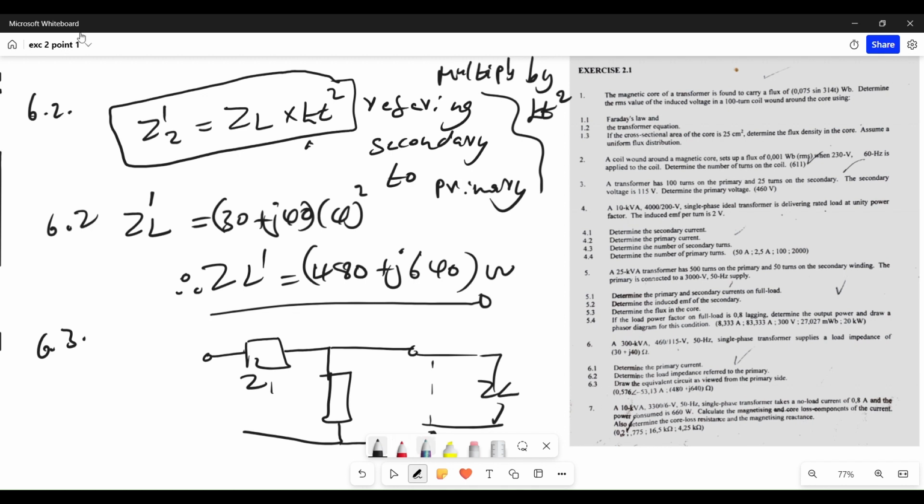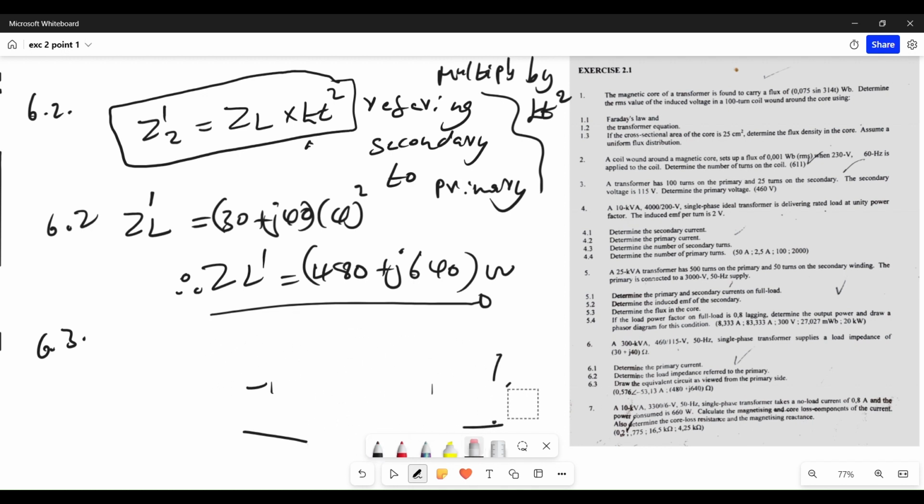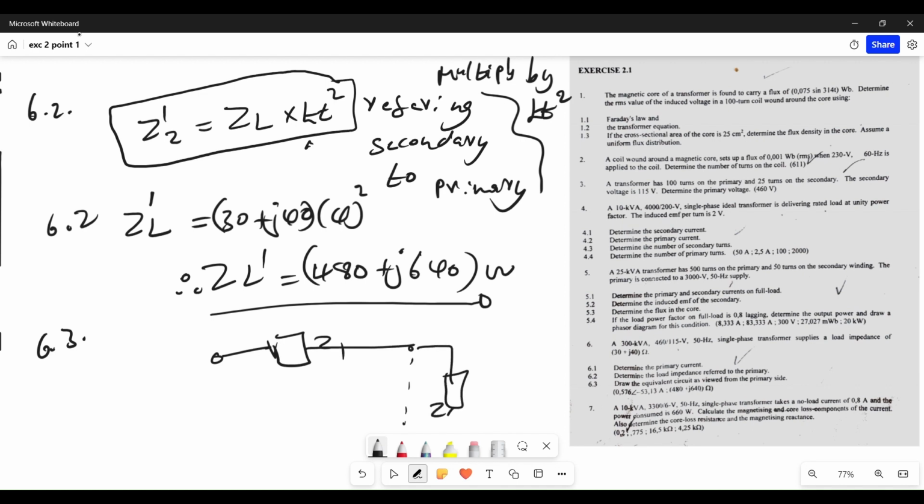So after having this one, we have the last one, whereby we just have Z1, and then it's in series with our Z load. So it's done. It's like this.